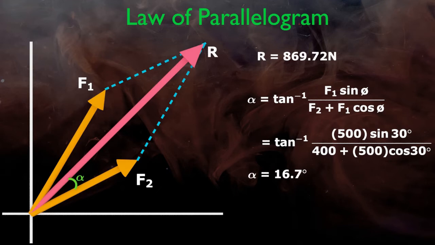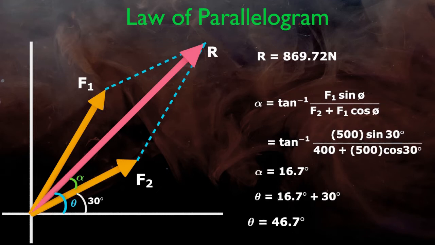So to find the angle between the resultant and the x-axis, this angle should be added to the angle already given in the problem statement, which is equal to 30 degree. So angle theta equals 16.7 plus 30 equals 46.7 degree.